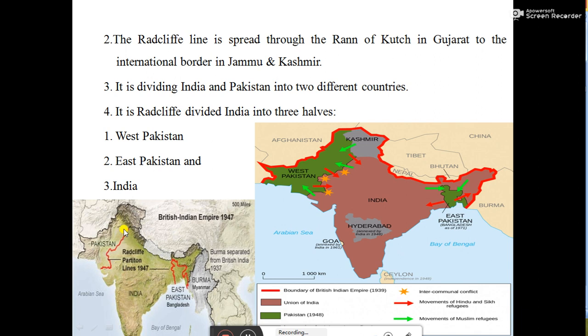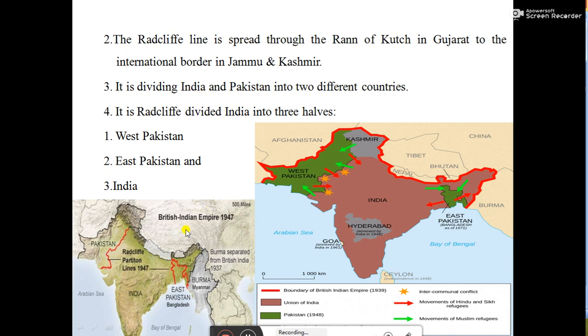Here is another map I have shown. This line is the Radcliffe line. This is another Radcliffe line. It is dividing India into different countries.